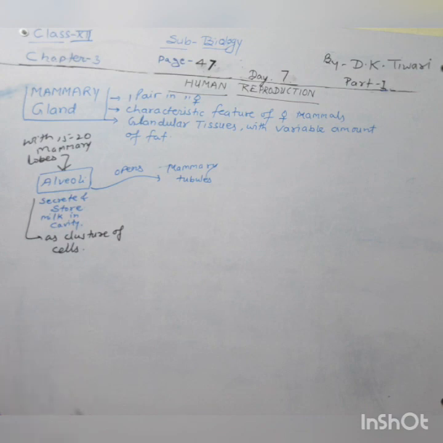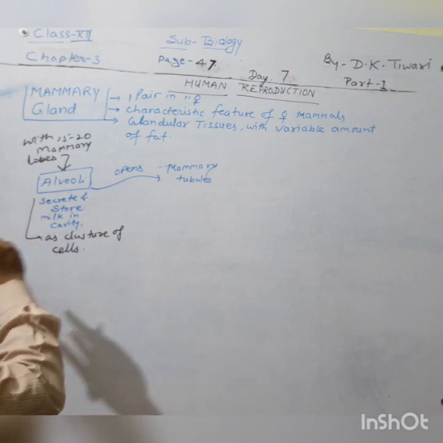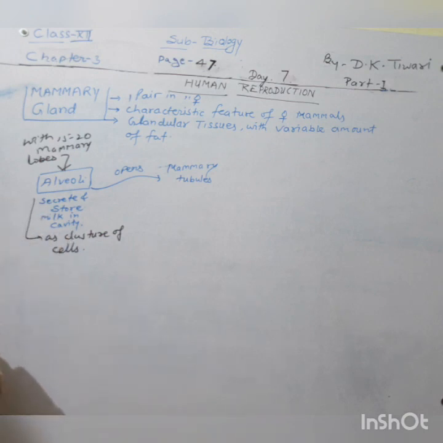What do they do? They open into the mammary tubules. Each alveolus separately opens into a tube and then into the mammary tubules.